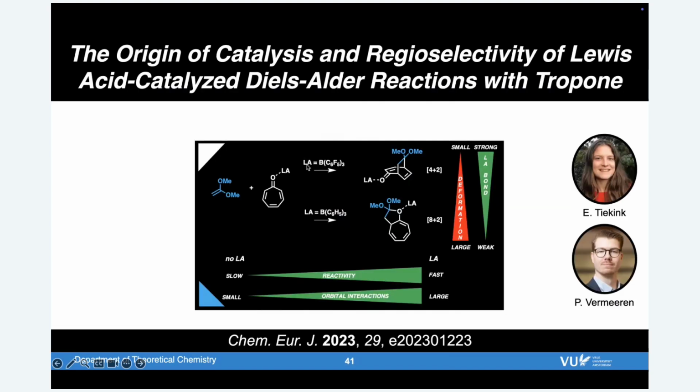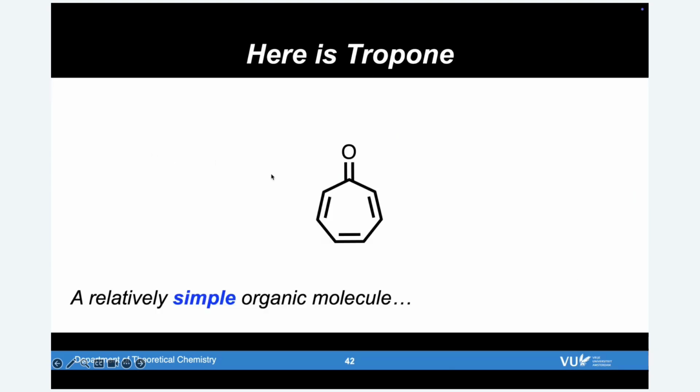The second paper I would like to discuss is work that was carried out by Evelyn T. Kink and also by Pascal Vermeer. And here we want to understand the cycloaddition reactivity of a molecule called tropone. So looking at it at first glance, I would argue that it's a relatively simple organic molecule, right?